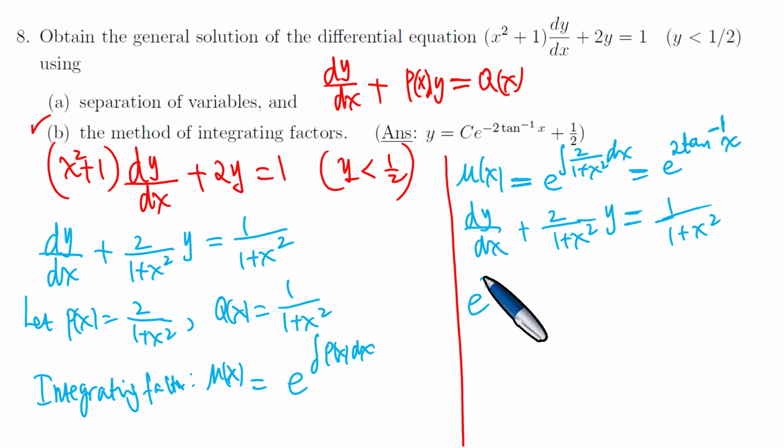Across different countries, most of the calculus books use mu. So multiply here, dy dx. You multiply this one, 2.